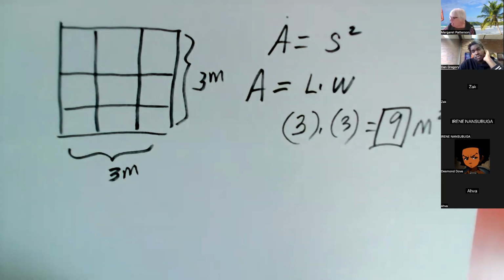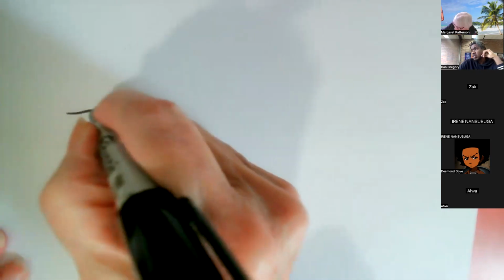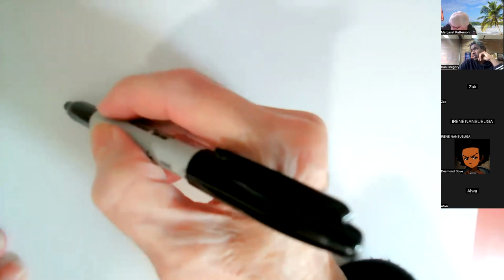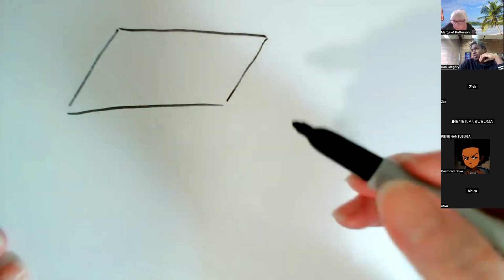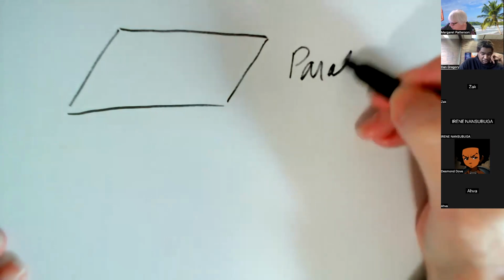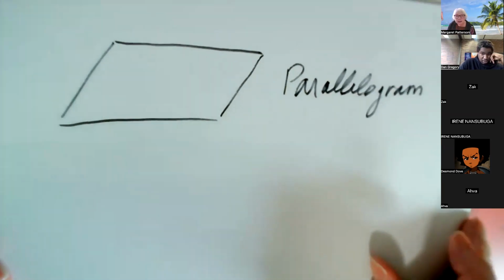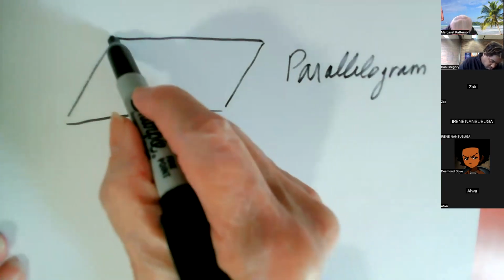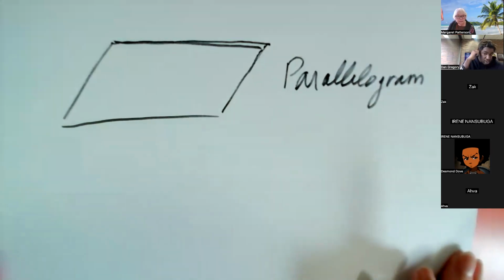Now, what happens if they said, okay, now we're going to tip it. This is the parallelogram. So it's really just the rectangle tipped.